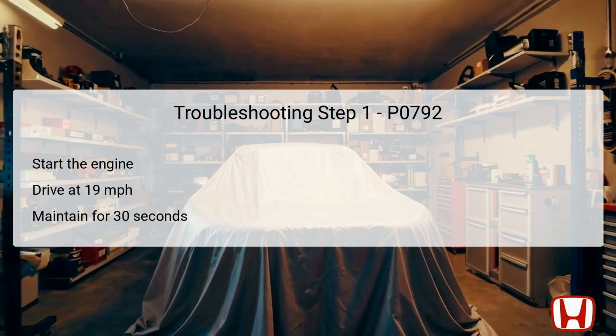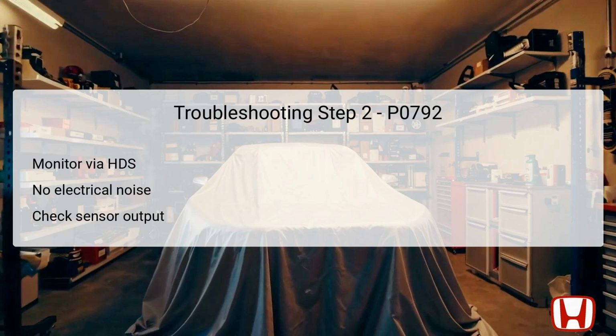This action ensures that the transmission is under enough operational load, allowing the TCM to evaluate the sensor performance accurately. It is crucial to perform this check in a safe environment, adhering to traffic regulations, so that the technician can monitor the response of both the TCM and the CVT drive pulley speed sensor under practical driving conditions. Sticking to these operational standards significantly enhances the diagnostic process.